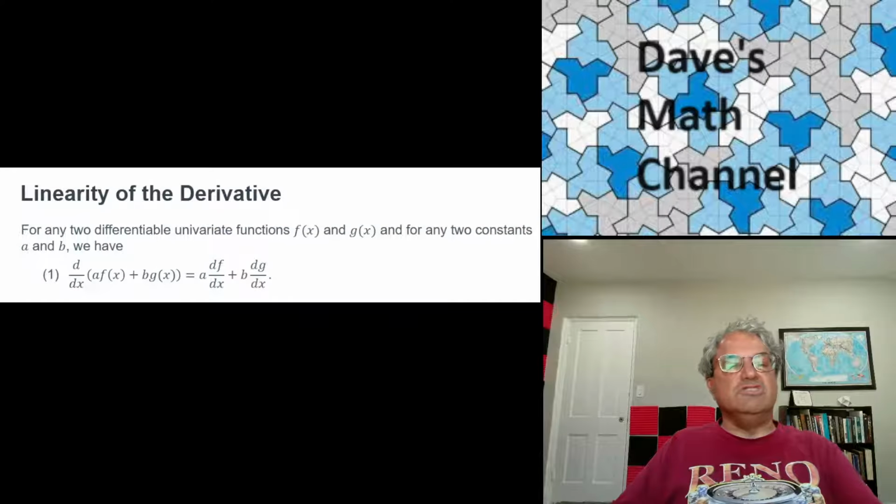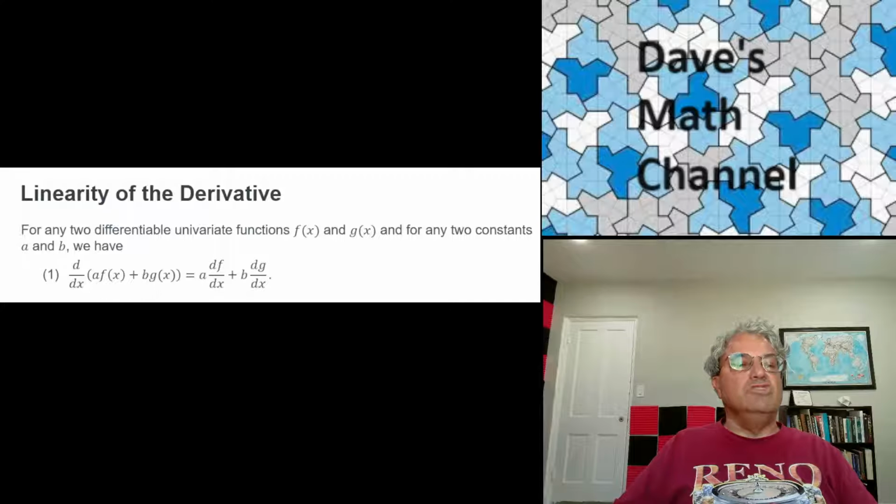Now let me spell out explicitly what we mean by linearity of the derivative. When we say that the derivative is linear, what we're really saying is if we take any linear combination of two differentiable univariate functions, which I'm calling f of x and g of x here, and we take two arbitrary constants, a and b, and then we take the derivative of the sum, a times f of x plus b times g of x, this is what's called a linear combination.